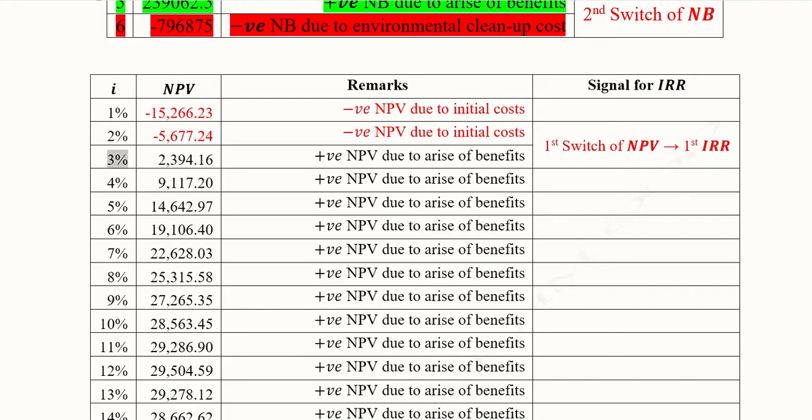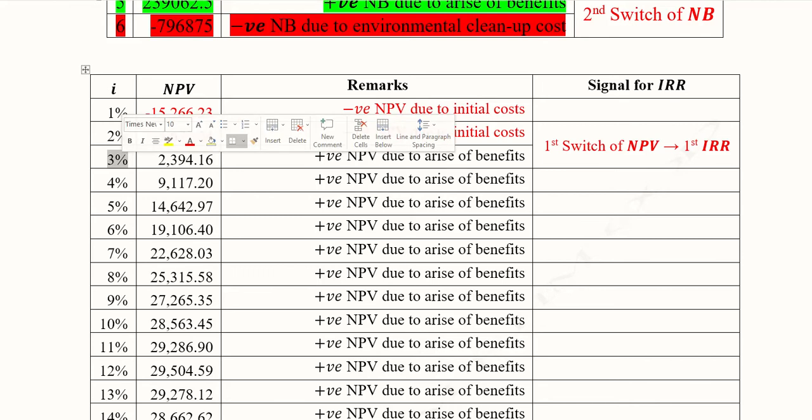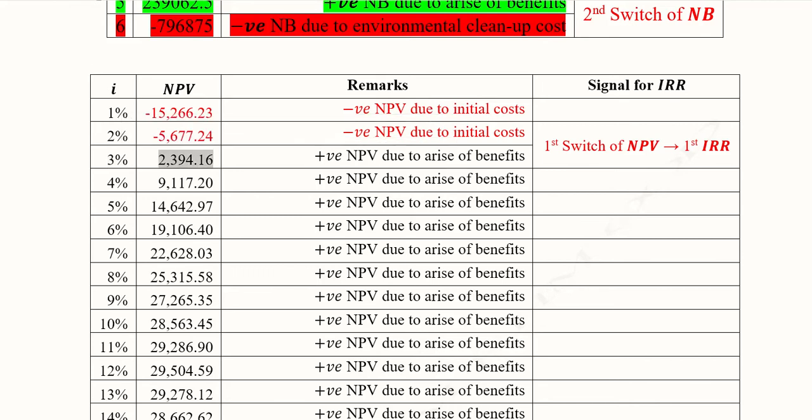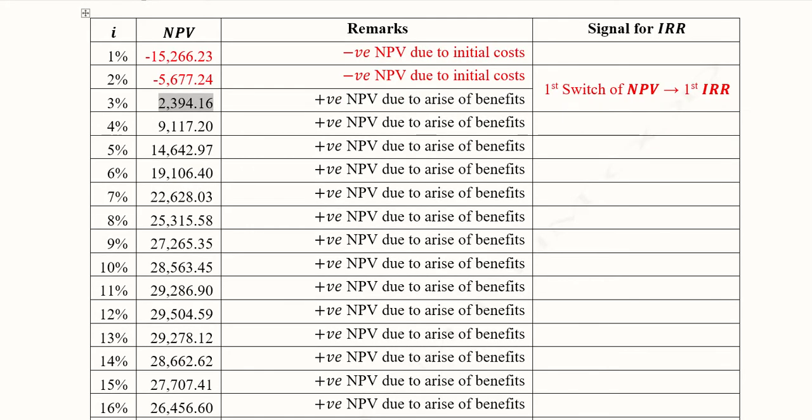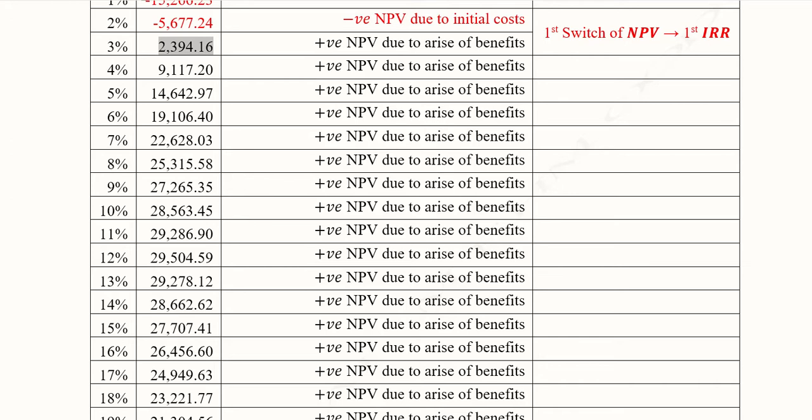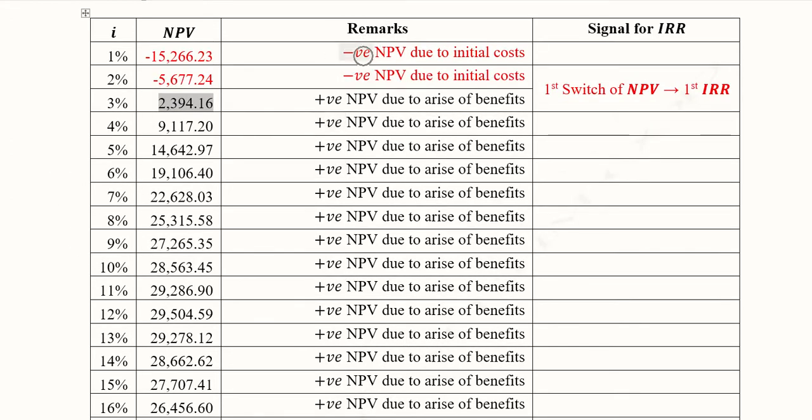But when we increase it further, it becomes 3%, and the NPV is now positive. This process will continue as we continue to increase the discount rate. Initially the negative NPV was due to the initial costs, but then the positive NPV arose because of the benefits that we started to glean after a few years.